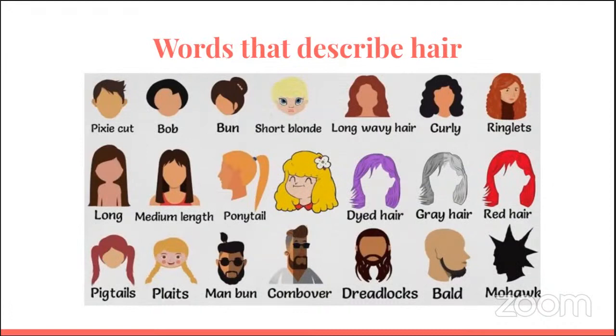Doubts or questions? Yeah, could you explain to me again the difference between wavy, curly, and ringlets? Of course. Wavy is whenever you have a little bit, as you can see here in the picture, it's not curly, right? But you see that there are some curls, a little bit. Curly is when it's more.